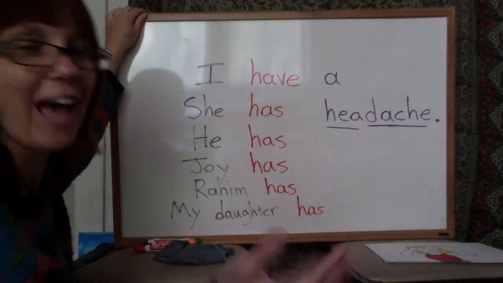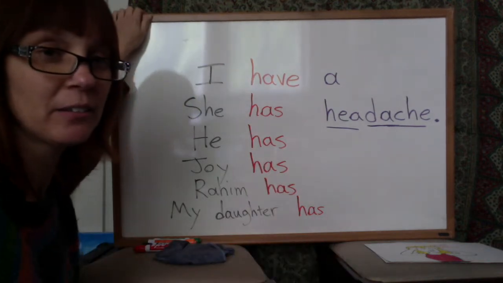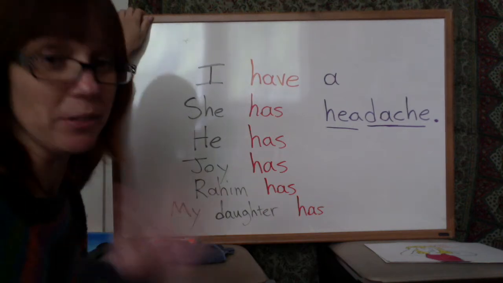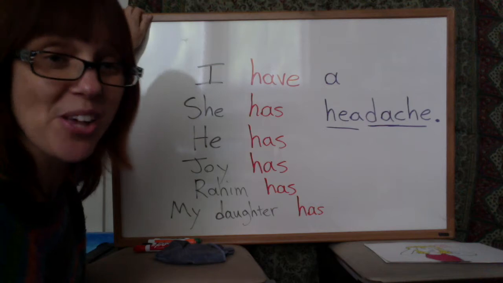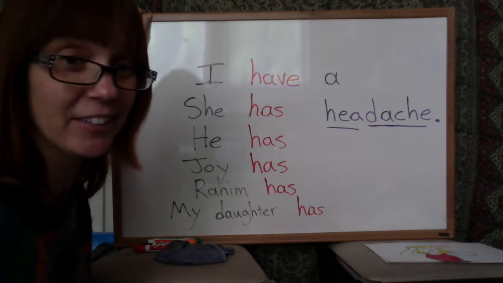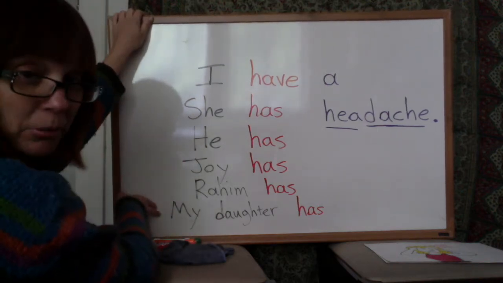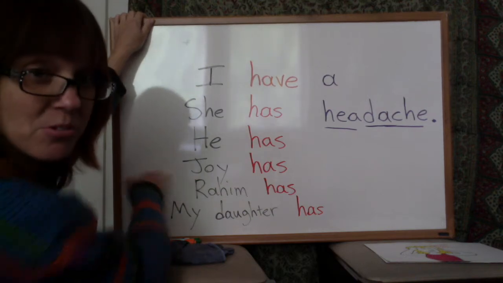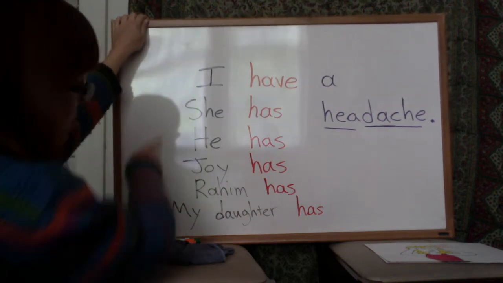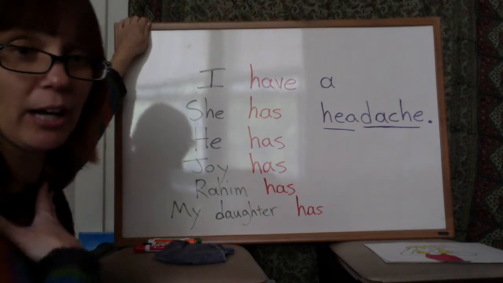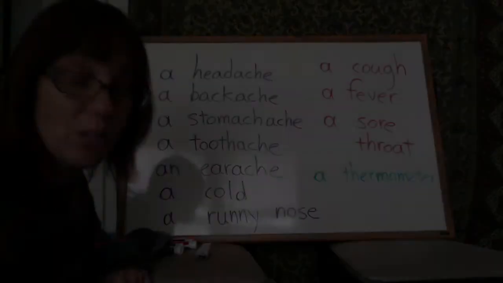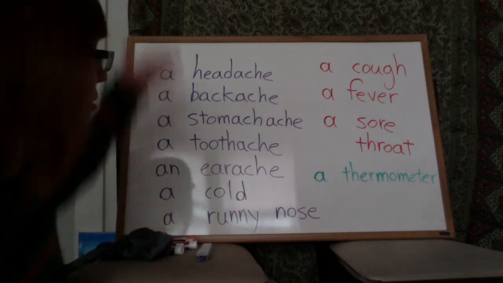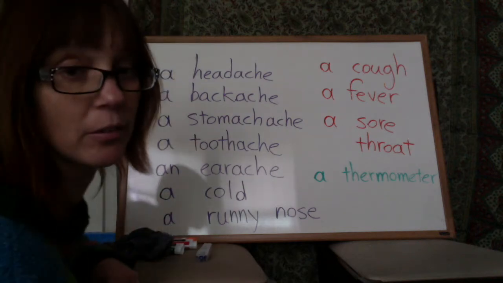My mother has a headache. My husband has a headache. My son has a headache. So we can talk about family. We can use names. We can also say he or she or I. So let's practice. So here is some vocabulary.